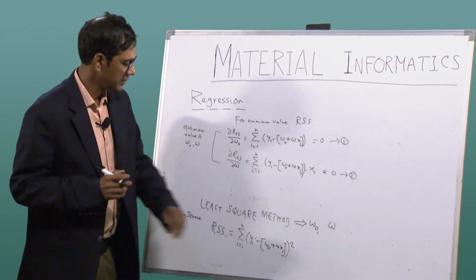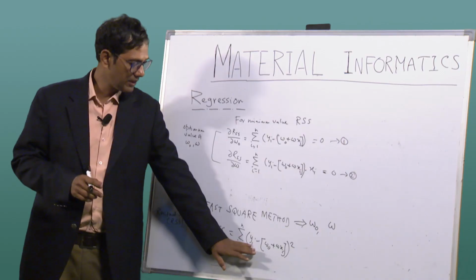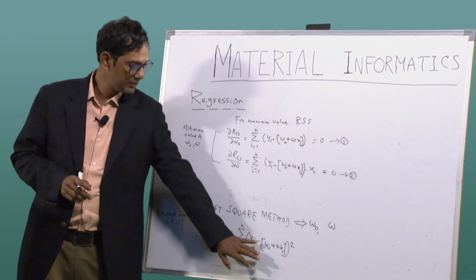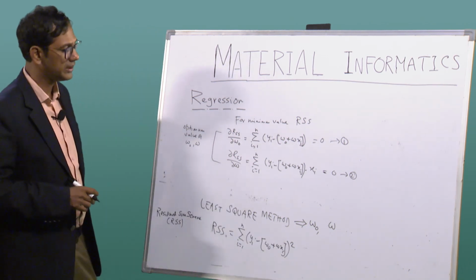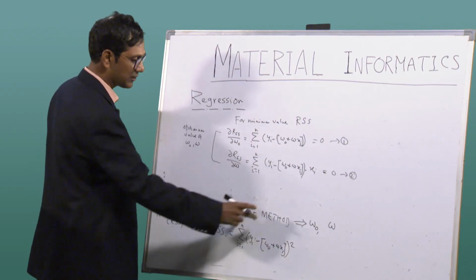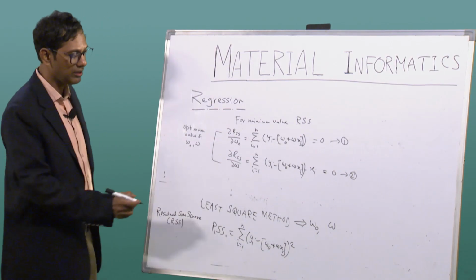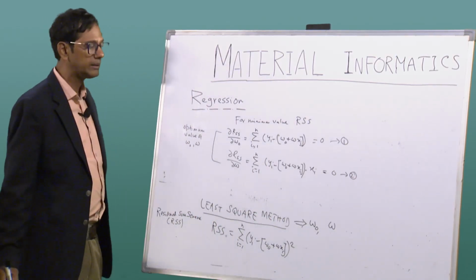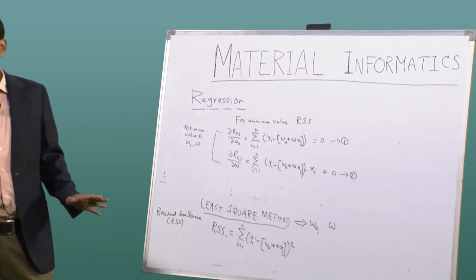So, we have this residual sum of squares, which is the difference between the output, or rather the dependent variable or label, minus the effect of the input variable x, squared, and we try to minimize the square. That is why it is called the least square method. Many of you have probably used it in your work. So, that is very simple, right.